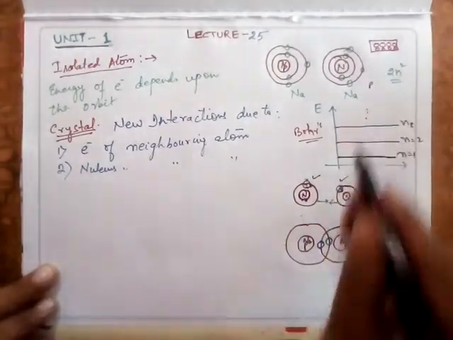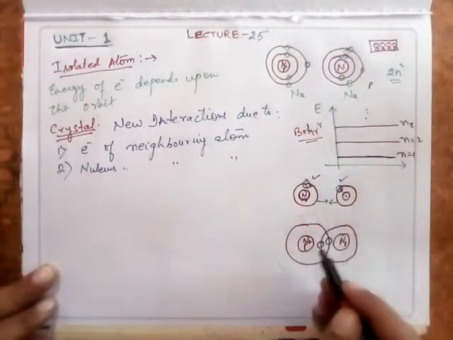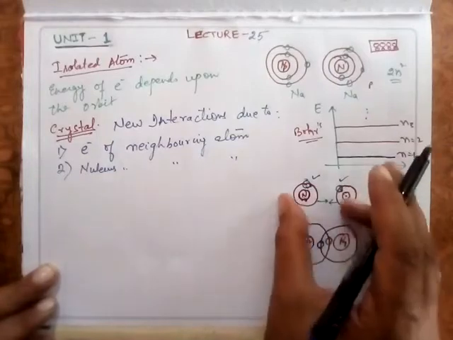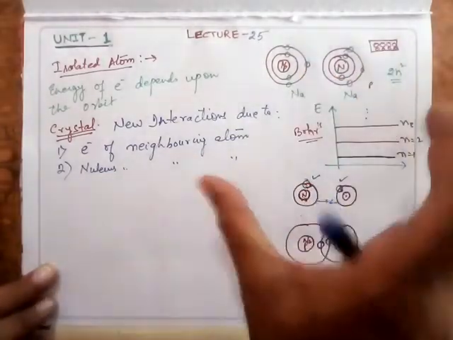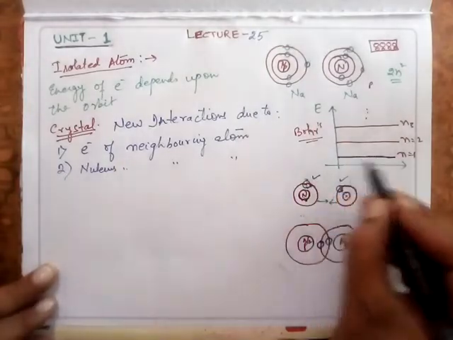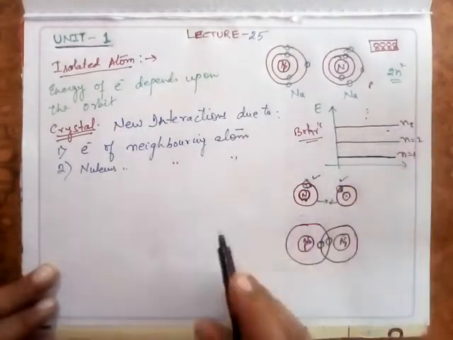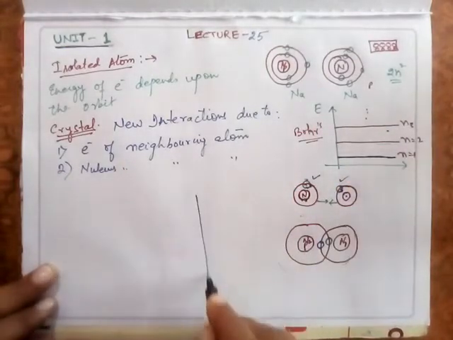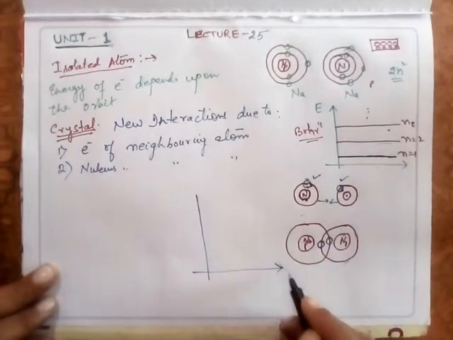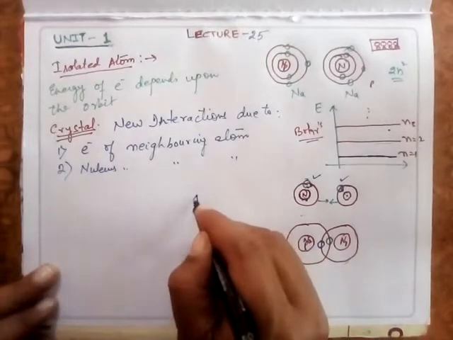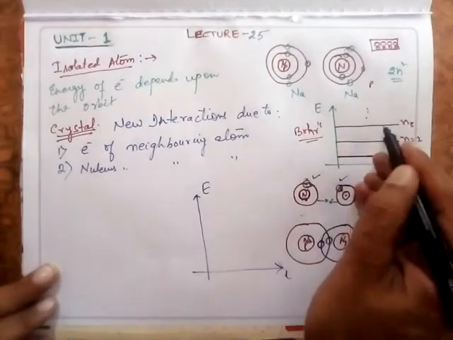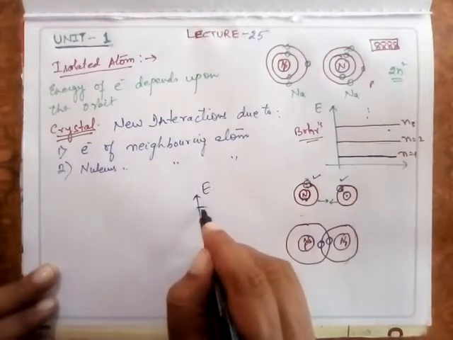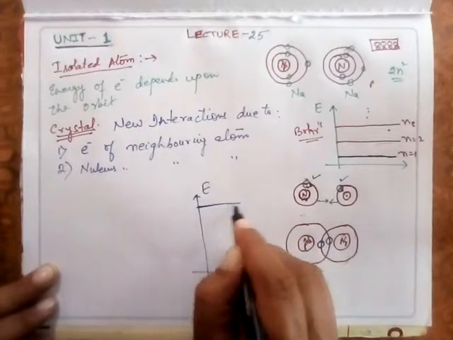Of course, energy will change, and not only for one atom. There are various atoms of such nature; a crystal is formed by various atoms. So instead of a discrete energy level, suppose this is the energy E. This particular outermost shell will have a different kind of energy.